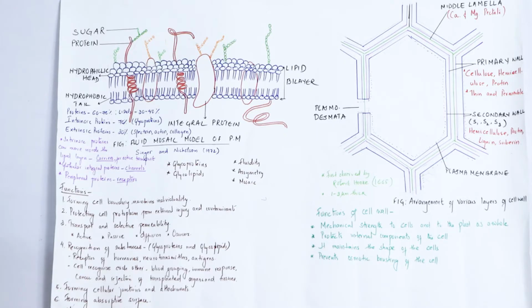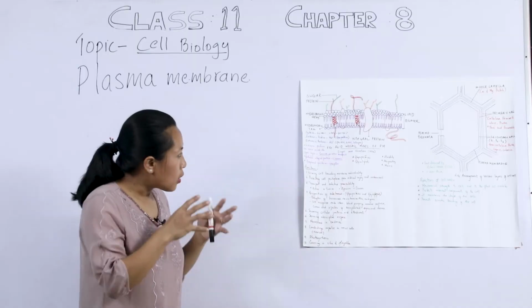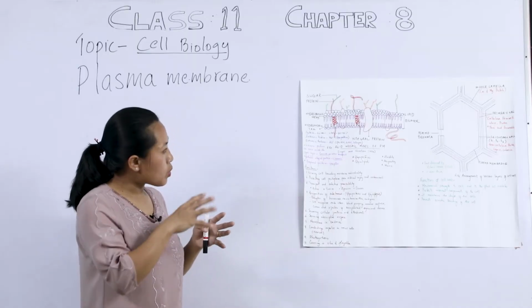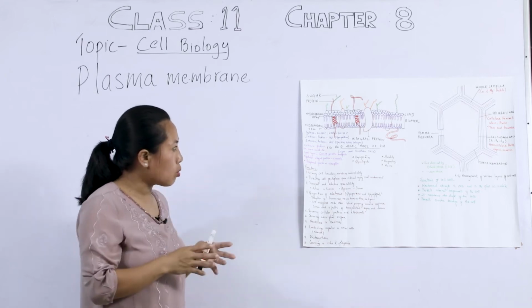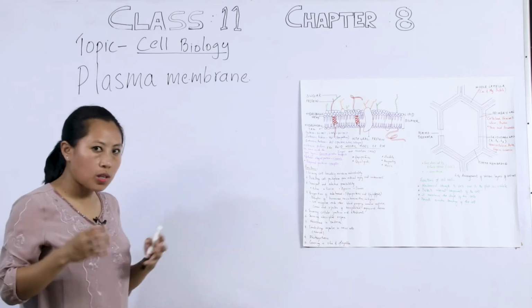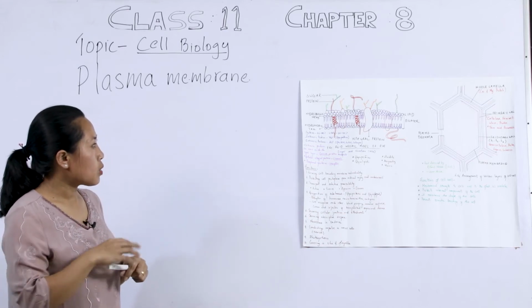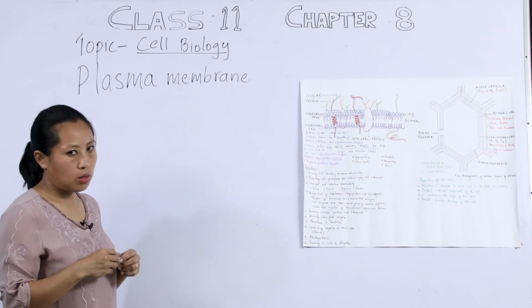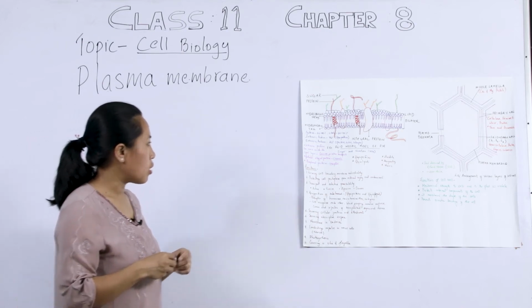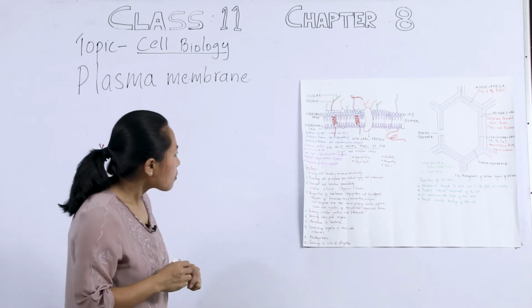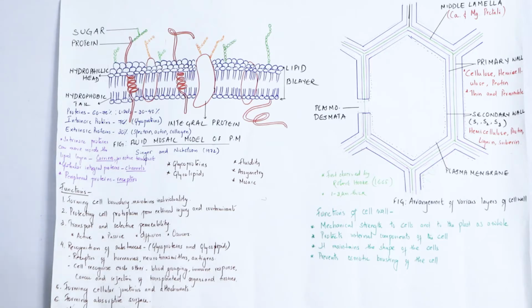These phospholipids form a bilayer, and interspersed in between the lipid molecules are proteins which project even outside the lipid layers. Some proteins present on the surface are known as extrinsic proteins, and the others are known as intrinsic proteins.